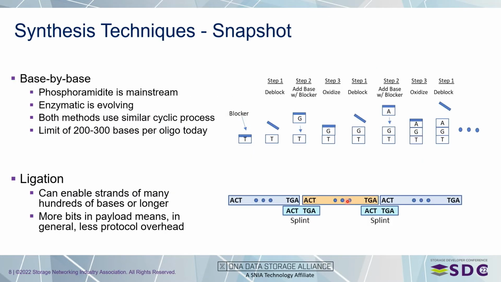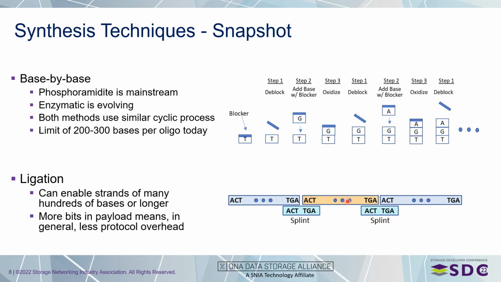Okay, so the synthesis and sequencing are the two big areas, two important areas: writing and reading. The basic synthesis techniques today, at a high level: phosphoramidite chemistry is one main technique, and there's an area of techniques called enzymatic synthesis, which are evolving.